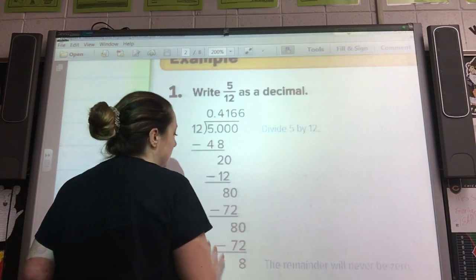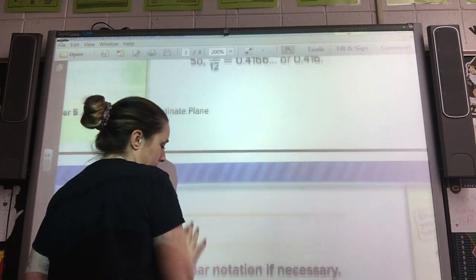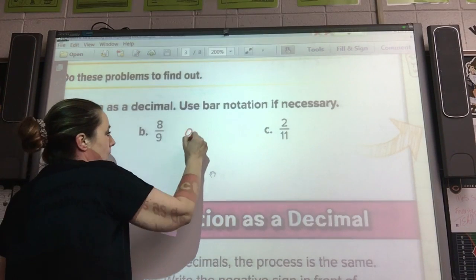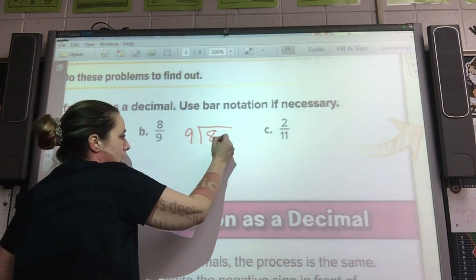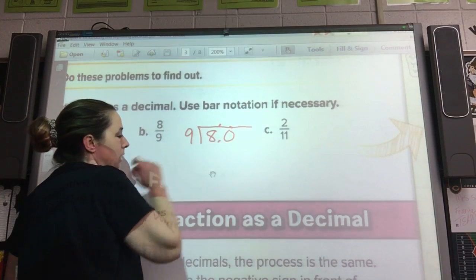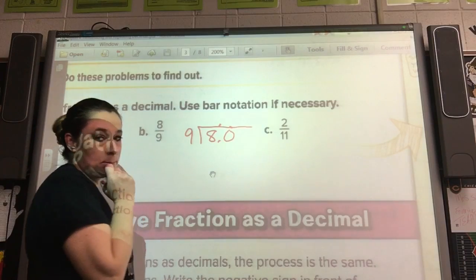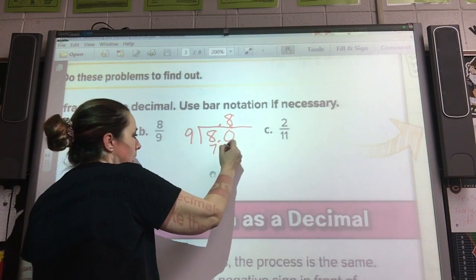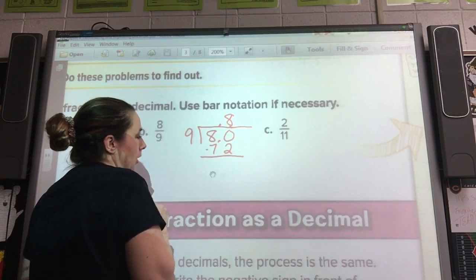Divide the bottom into the top. All right? Move up here. So we're going to divide bottom number into the top, put a decimal down, bring it up, add a 0. 9 goes into 80 how many times? 8. That'll be 72.